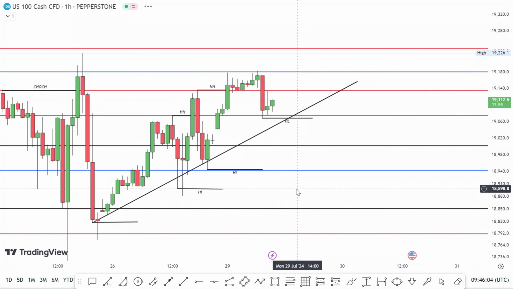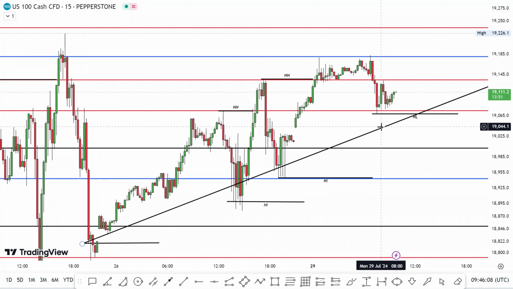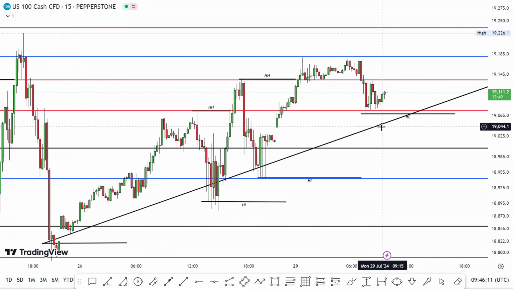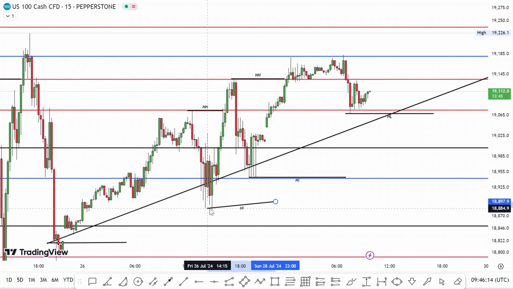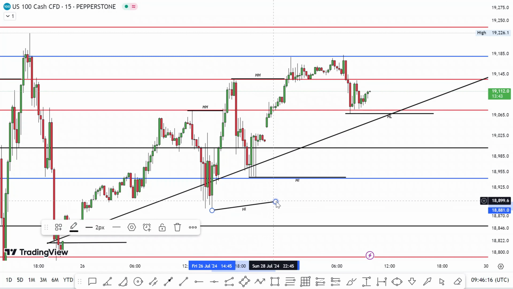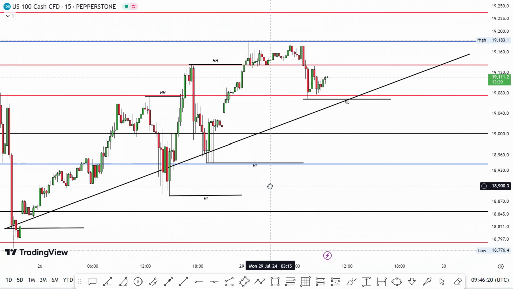Now if we go to the 15 minutes time frame, which is the lower time frame, remember, the lower the time frame, the more noise you are going to get in the market. That's why I normally use the 1 hour time frame to take my entry a lot of the time, because a support level in the higher time frame is stronger than a support level in the lower time frame.